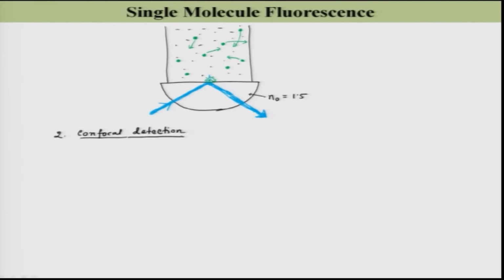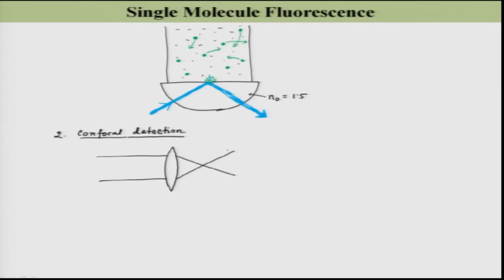In this case, what we do is that we use a lens, right. Let me draw this lens over here. Lens, and this is your incoming excitation light, and you tightly focus this incoming excitation light to a very tiny spot, right.